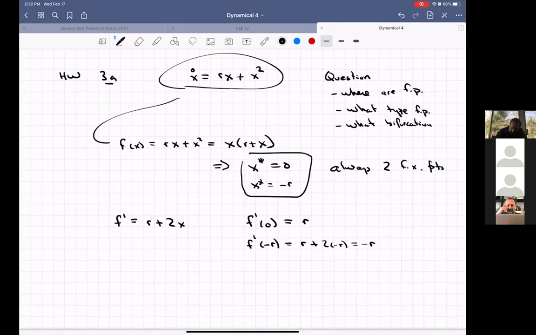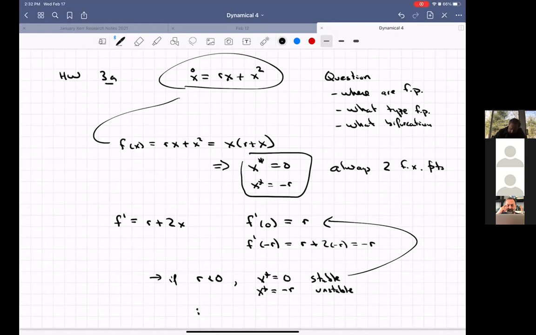But I see that if r is negative, x star equals 0 is stable because f prime is equal to r. And x star equals negative r is unstable.